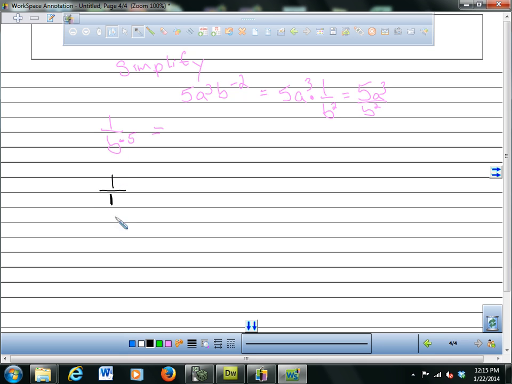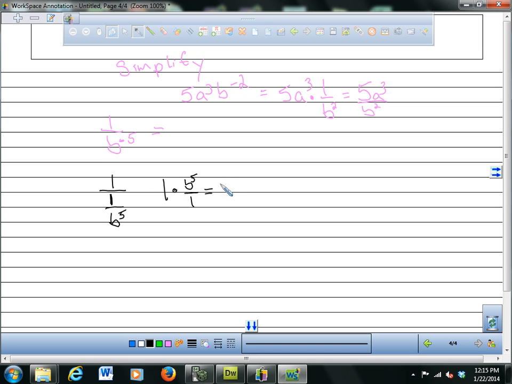This means 1 over b to the 5th. You don't have to memorize all this. Do you guys remember copy dot flip? If you're dividing by a fraction, copy the top, dot, then flip: b to the 5th over 1, which is just equal to what?